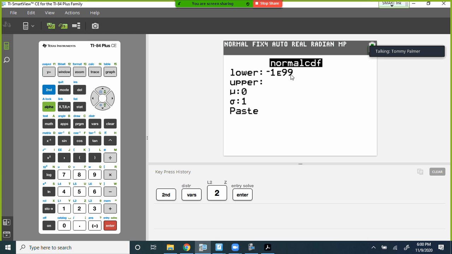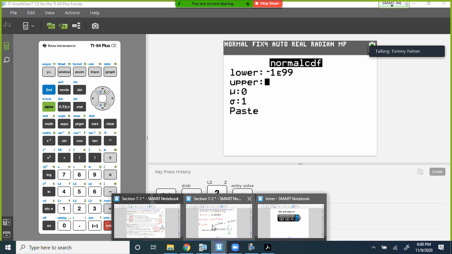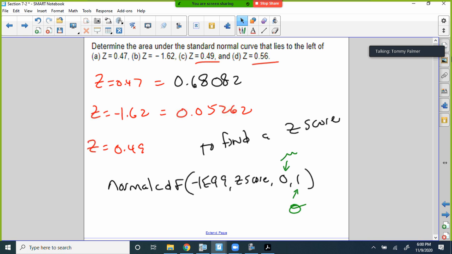Now, how far up the area are we given, right? It's giving us a z-score, right? What did I put on it? Did I just do that wrong? Hold up. No, it's not define a z-score. Let me erase that.